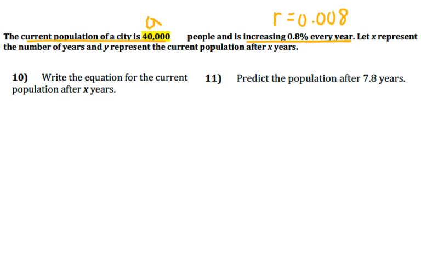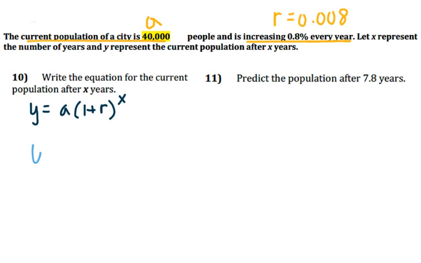Since we're increasing by some percentage, we're actually going to be using the exponential growth form, which is y equals a times 1 plus r raised to the xth power. So now I can just substitute in the values that we know.